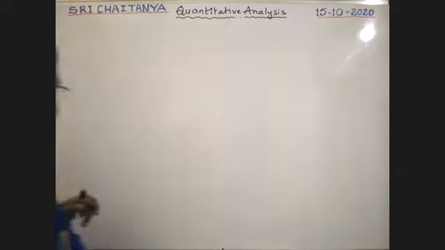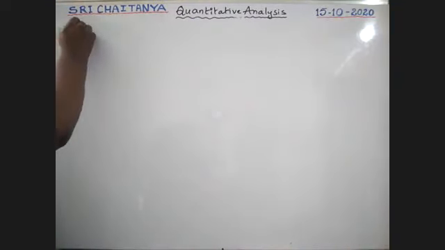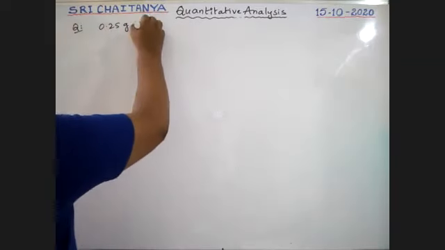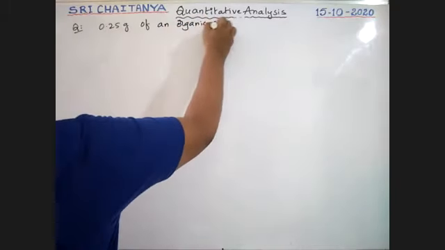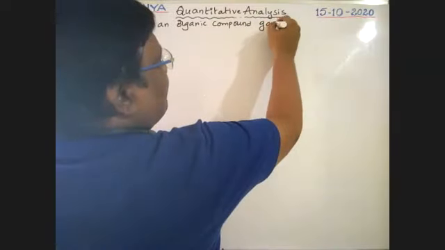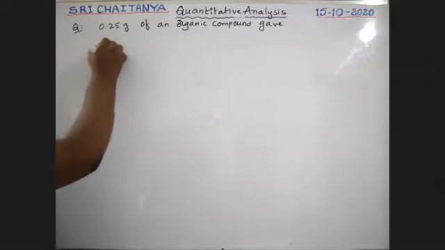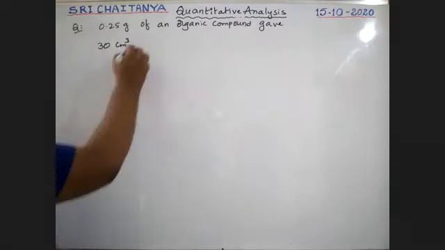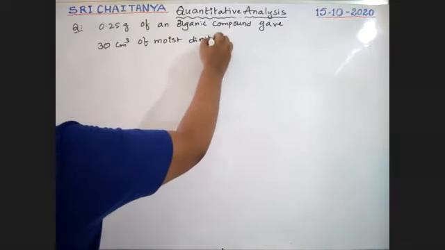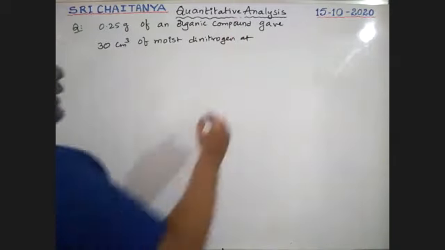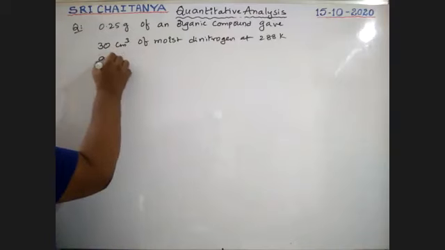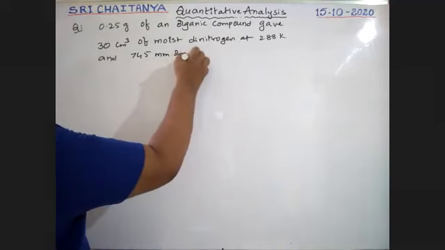The problem based on this concept, see here. Question: 0.25 grams of an organic compound gave 30 centimeter cube of moist dinitrogen at 288 Kelvin and 745 mm of Hg pressure.